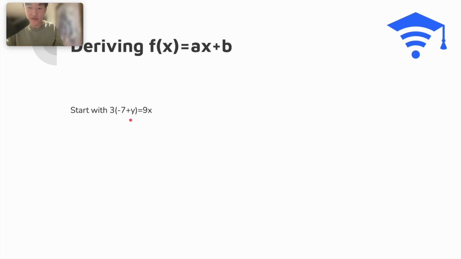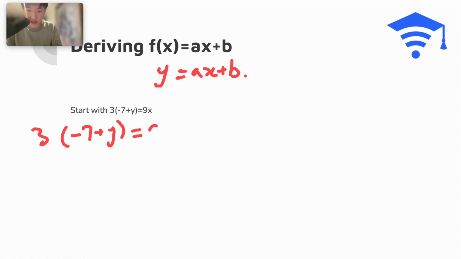In that case, we don't know anything much by looking at this, so we're going to try to make it into f of x equals ax plus b, or just y equals ax plus b. Given 3 and 9, we know that 3 divides 9, so by cancellation, let's write that down. You just divide both sides by 3.